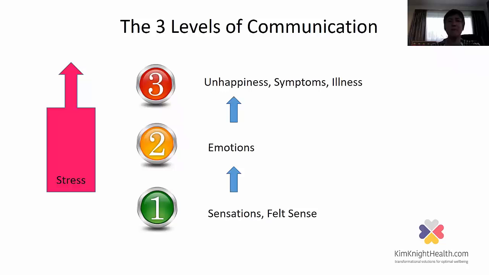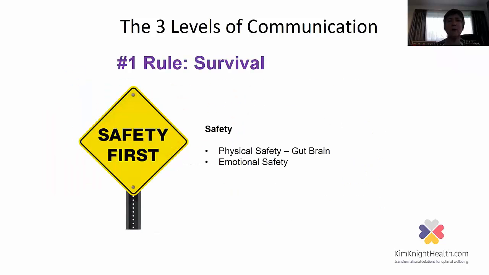So, as I said before, the number 1 rule for our body is survival. We need to stay alive, and we tend to forget that unless we're living in a war zone or somewhere where our physical safety is really under threat on a daily basis. And the gut brain is hugely responsible for this physical safety, which is why these sensations kick in first.